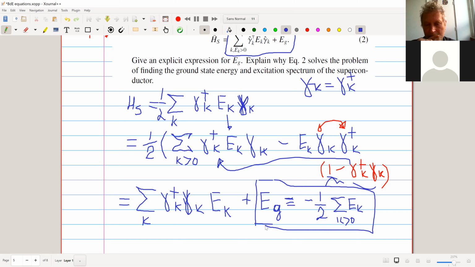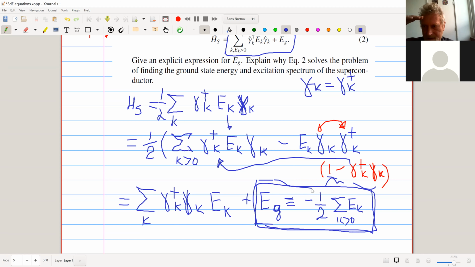Just a second, let me formulate. We got two things. We have found excitations, the energy of excitations. And simultaneously, two for the price of one, we have obtained the formula for the energy of the ground state in terms of these excitation energies.